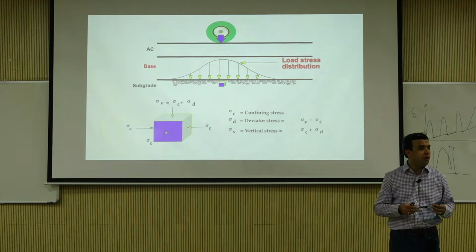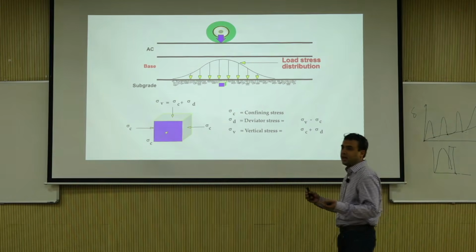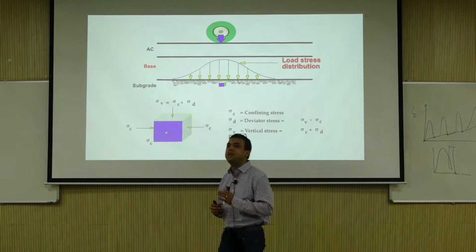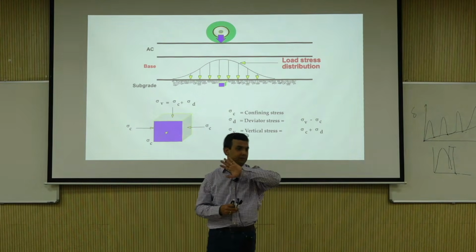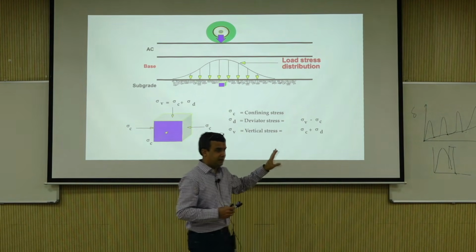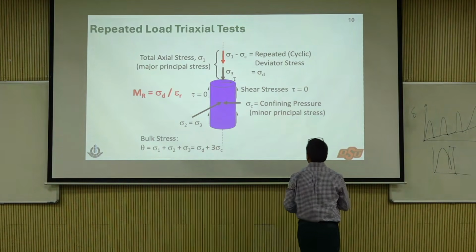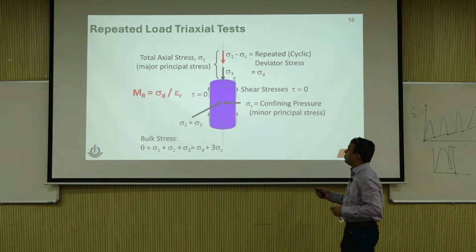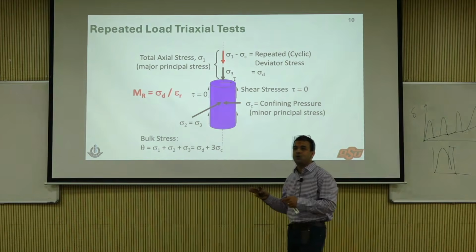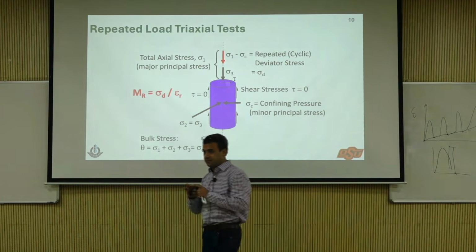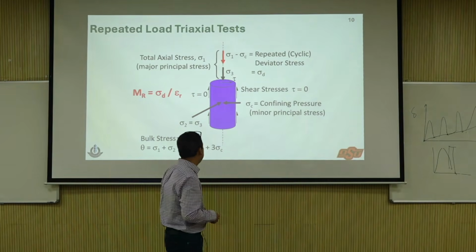So it's not always the vertical major principal stress, horizontal minor principal stress is true only when the load is directly on top. If the load is moving, the directions have changed, right? So you need to remember that. That's what triaxial testing typically does. We talked about this a little bit. There is no shear on the boundaries, and that is the reason we are able to treat them as principal stresses. Otherwise, it's not true. So be very, very sure about this.